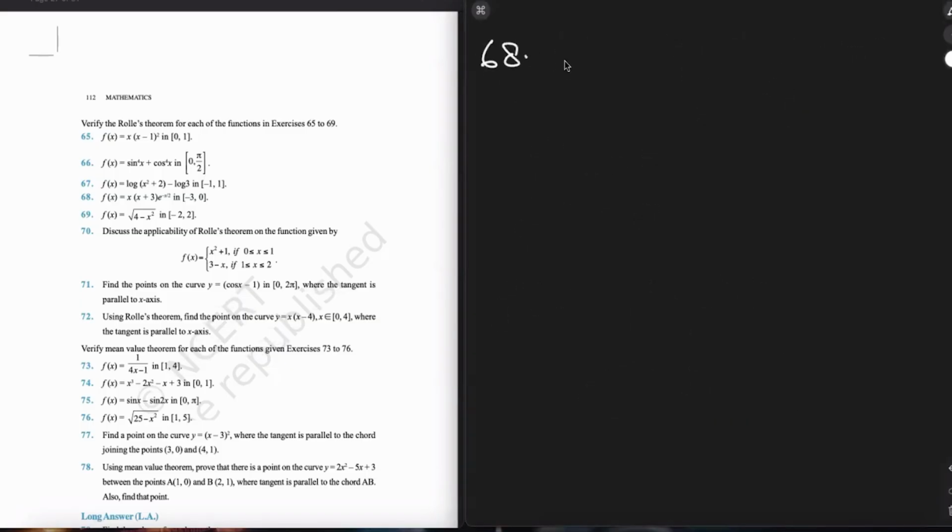Question number 68. So there's a function f(x) given to us: (x square plus 3x) e raised to the power of minus x by 2. The domain given to us is minus 3 to 0.